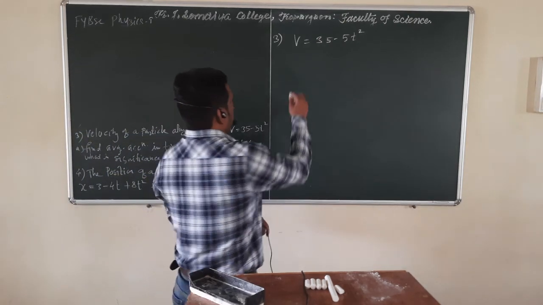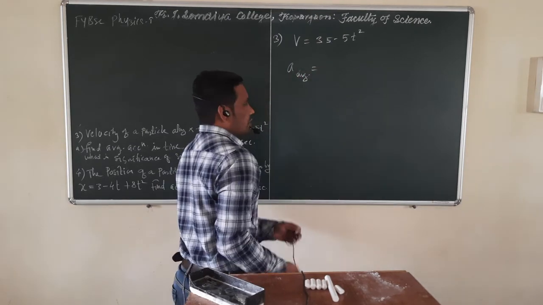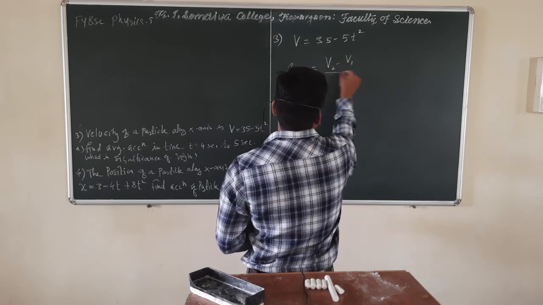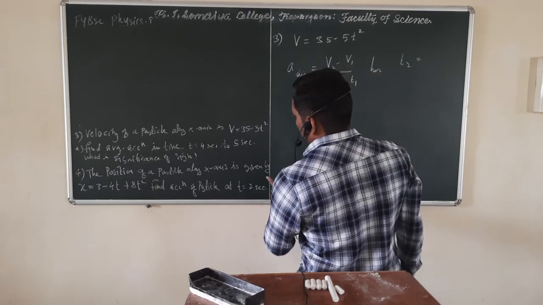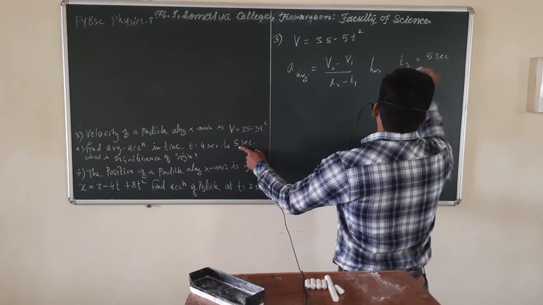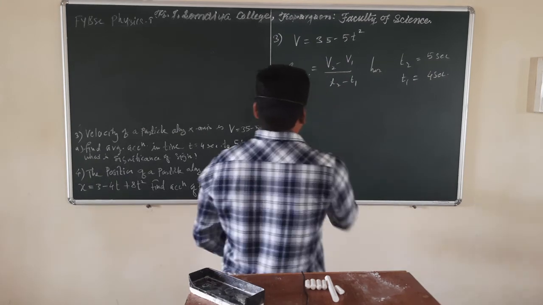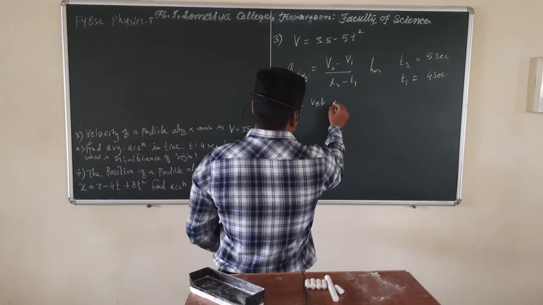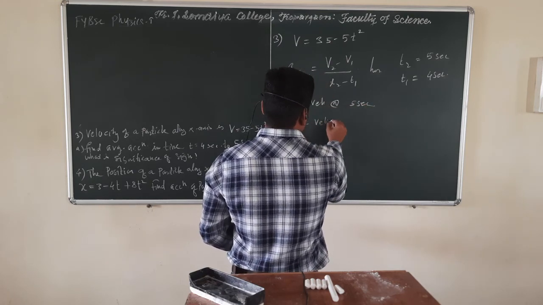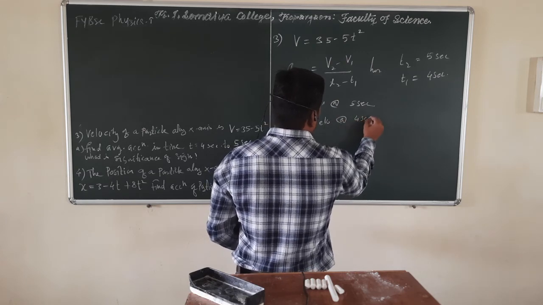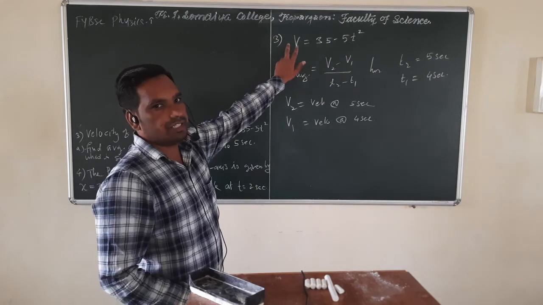So again, we have to find out first average acceleration between these two times. For that, we are using equation acceleration average is equal to, again, v2 minus v1 upon t2 minus t1. So here t2 is 5 seconds, and t1 is 4 seconds. Okay, so v2 is velocity at 5 second, and v1 is velocity at 4 second. Now we have equation for velocity.